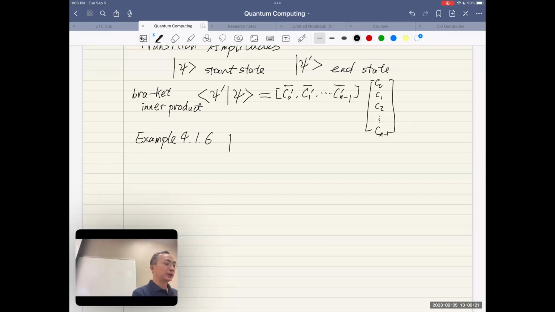So we have a psi, and we have another one called phi.